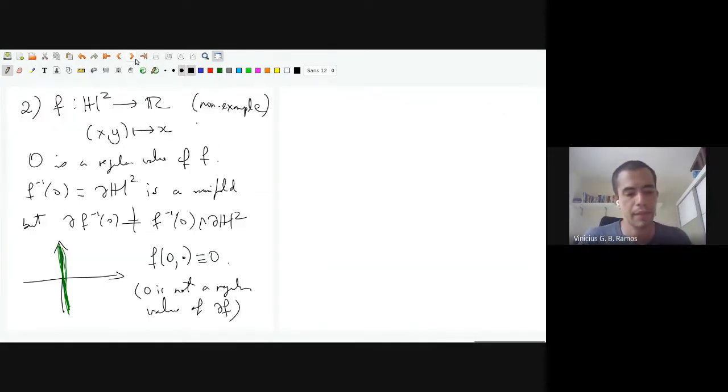So the proof is pretty much what we did before. Let me draw the proof. So we have a function that goes from X to Y, and then you pick y in the interior of Y.